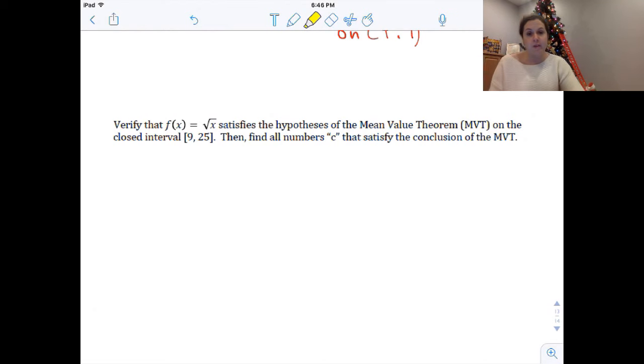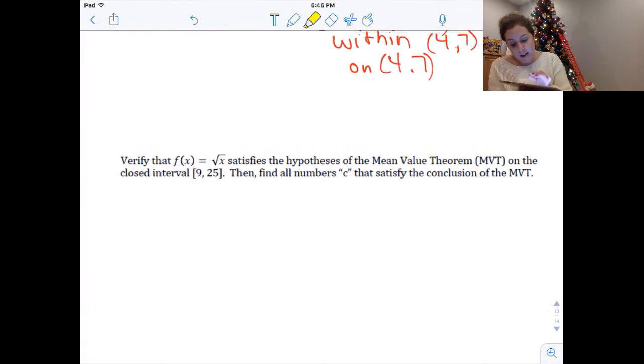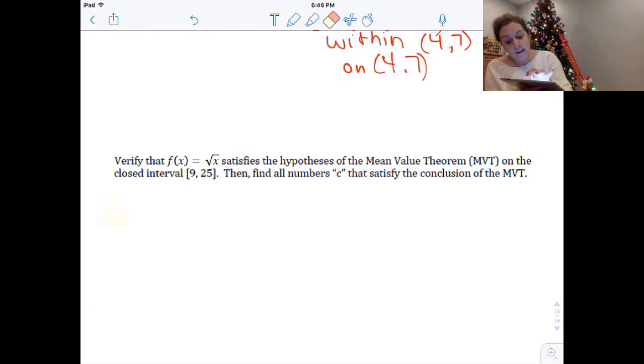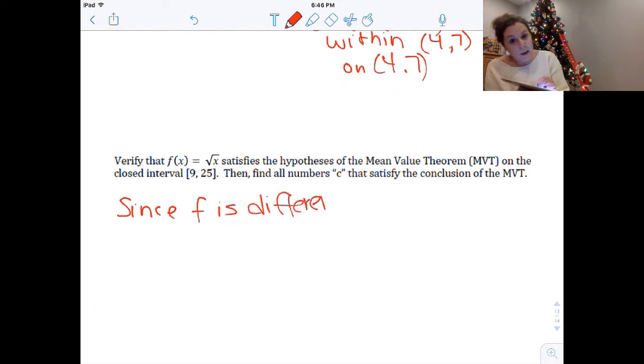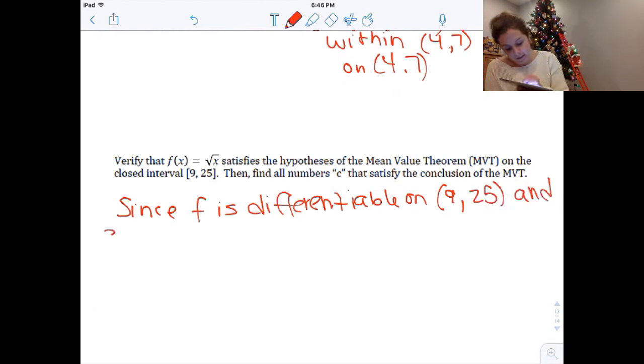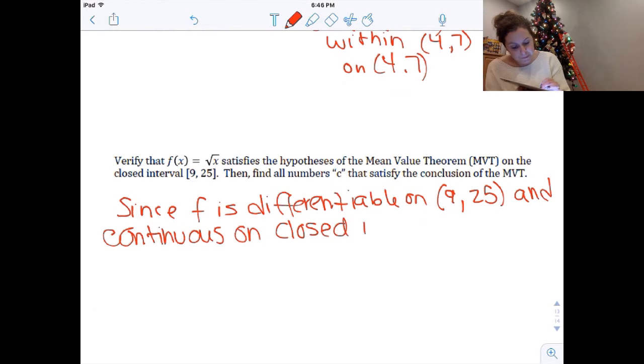They will be differentiable. So here's what I could say. Since f is differentiable, and you are writing that out, not writing diff, on the open interval and continuous on the closed interval, and you can just write the interval, you don't need to write closed interval. If you just wrote the closed interval and didn't specify 9 to 25 there, you would lose a point, because I need to know what closed interval, right?